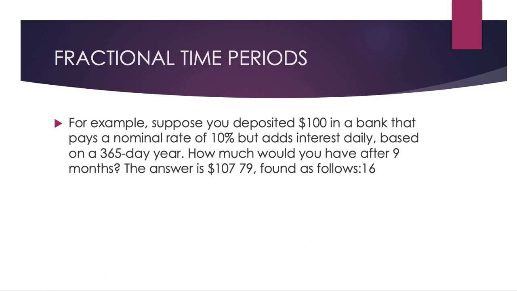Another point is we might have fractional time periods. Suppose you deposited $100 in a bank that pays a nominal rate of 10%, but adds interest daily. So now this is daily.